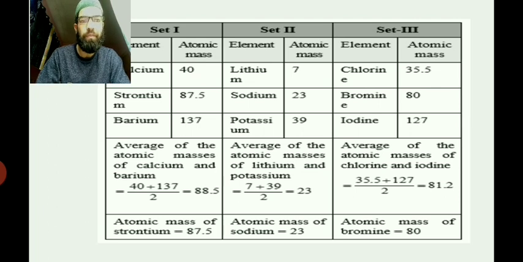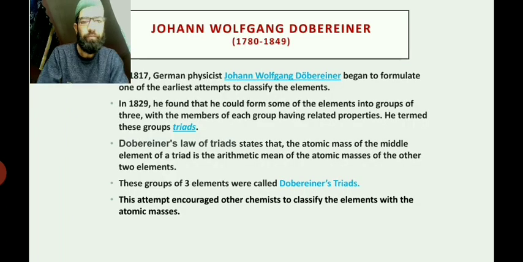According to him, the middle one will have an atomic mass near about the average of the first and the third. If we see below, 35.5 plus 127 divided by 2 is equal to 81.2. So it is evident that 81 is near about 80. And this was his explanation for his classification.